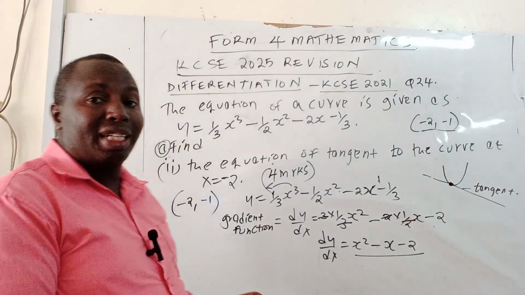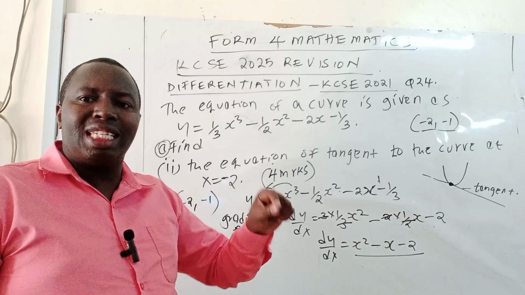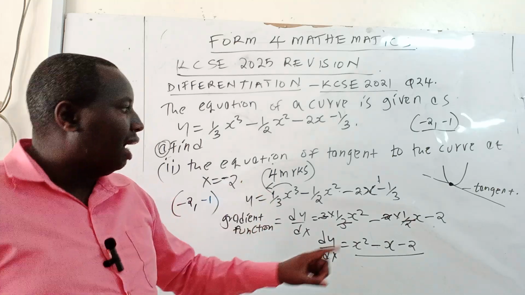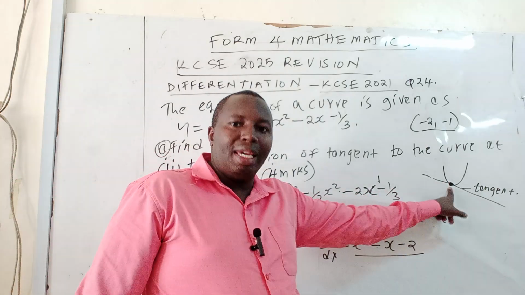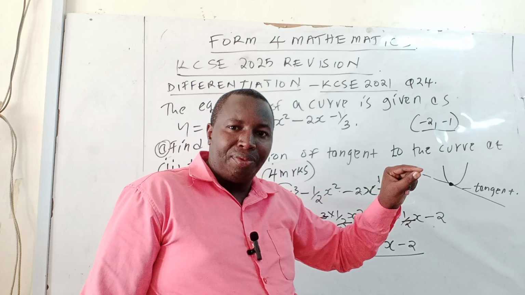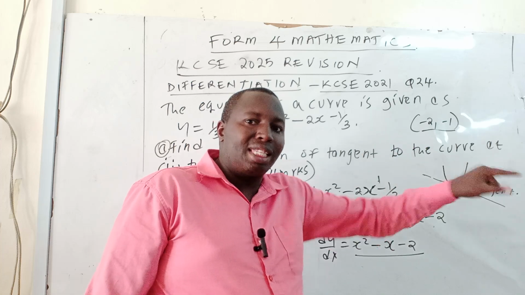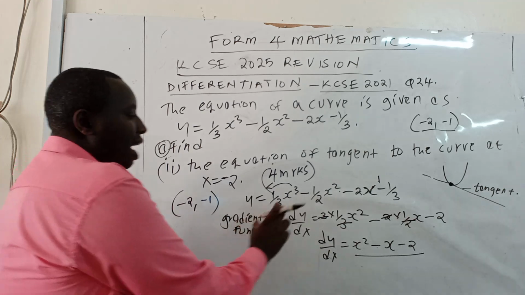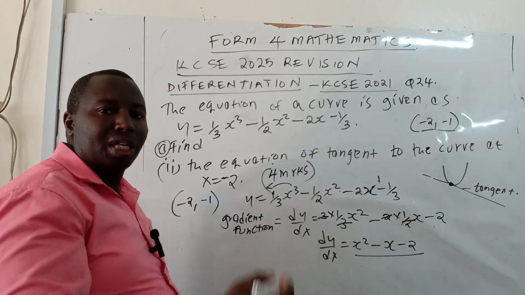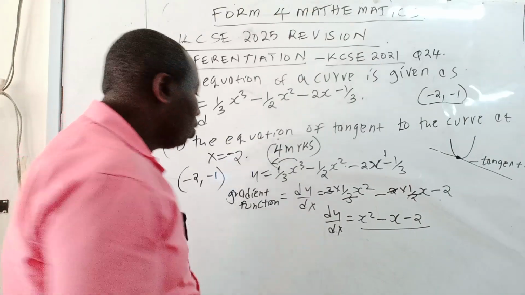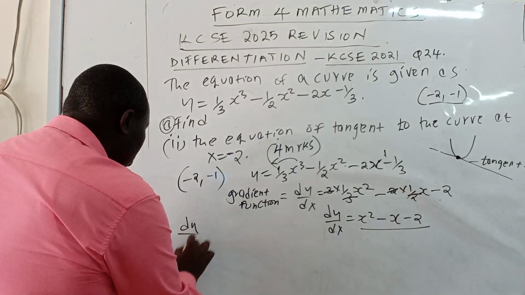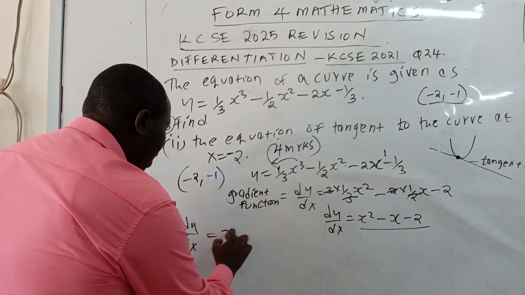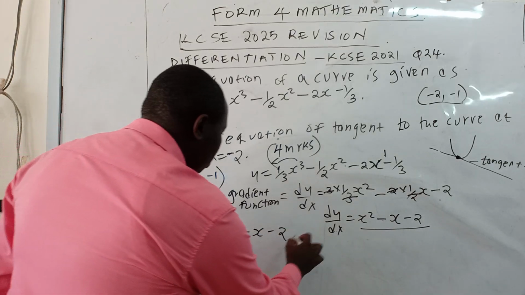What you should know is that the gradient of the curve at this point is equal to the gradient of the tangent at the same point. So you are supposed to find the gradient of this curve at this point, which is equal to the gradient of the tangent. So you say dy over dx is equal to x squared minus x minus 2.